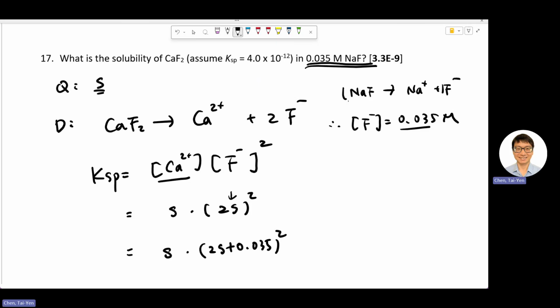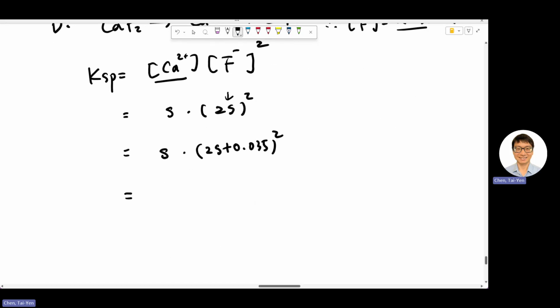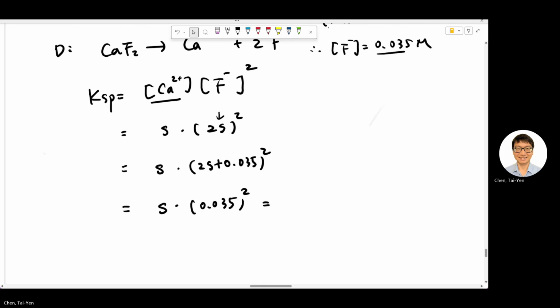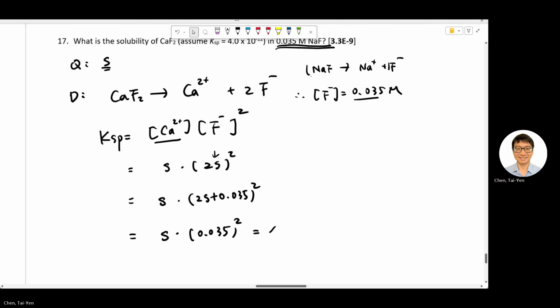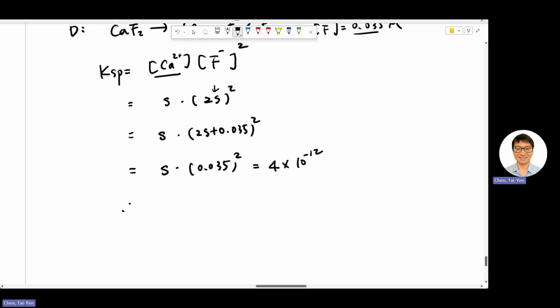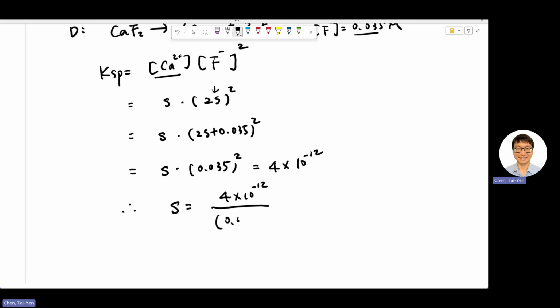Once you understand this, the next thing is the small x approximation. So this is going to be S times 0.035 squared, and it's going to equal your KSP, which has a value of 4 times 10 to the negative 12. Therefore, the solubility will equal 4 times 10 to the negative 12 divided by 0.035 squared.